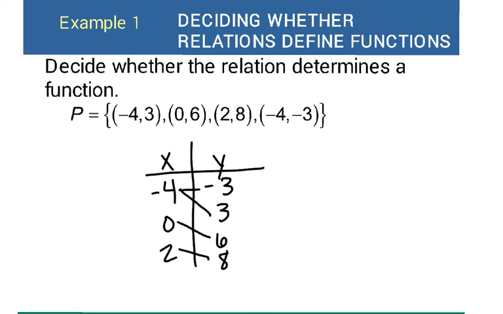So because this x value does not have one distinct y value, because it goes to two y values, it is not a function. And there we go. That's what determines a function or not a function.